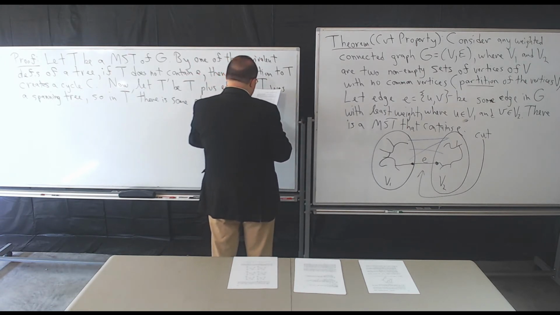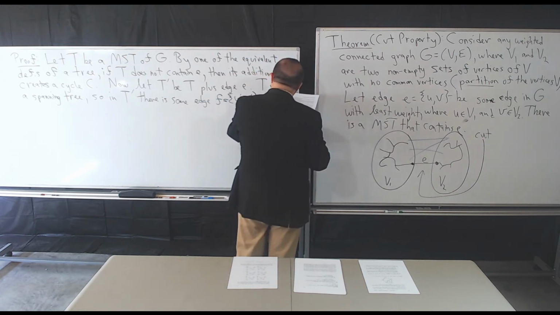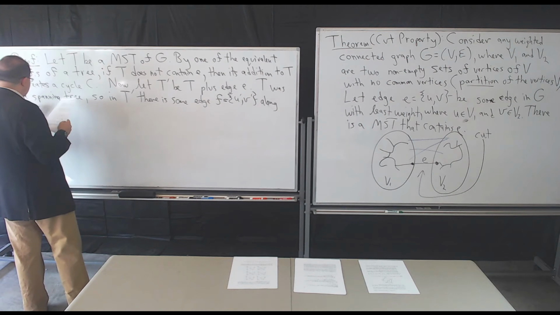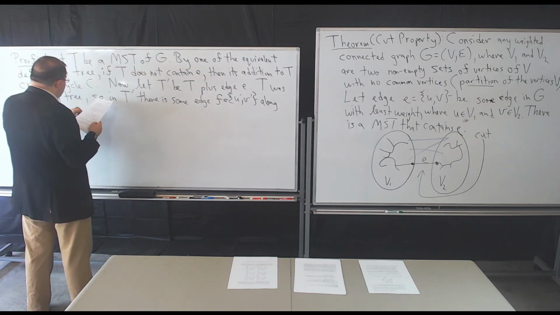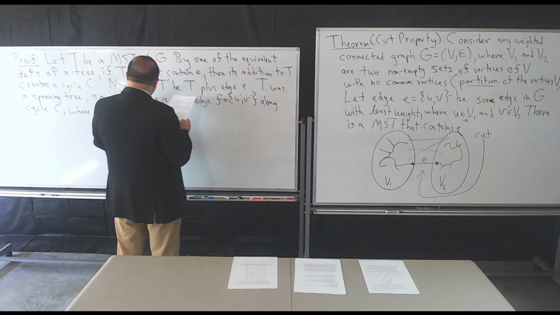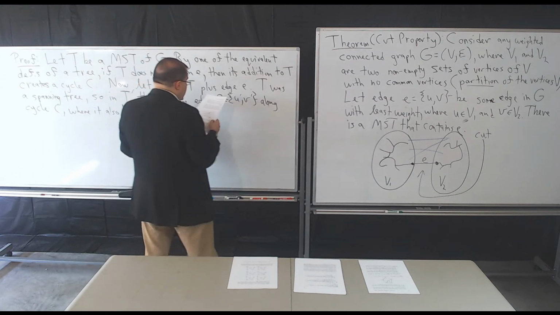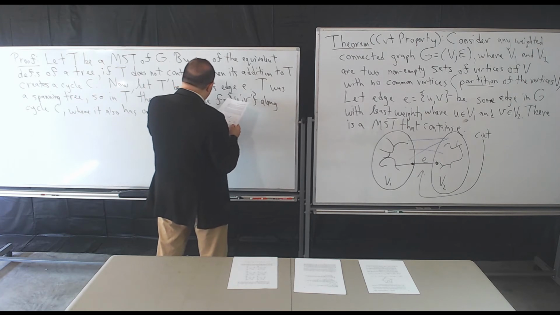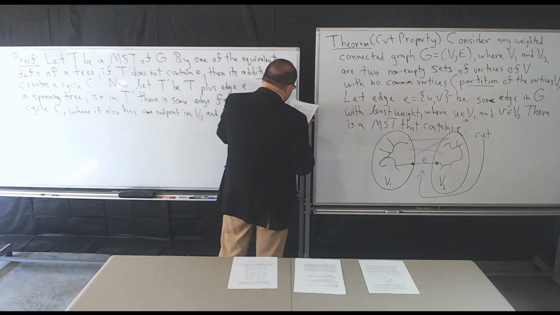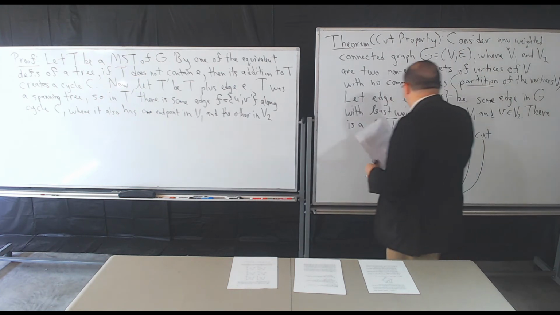There's some edge F equal to U prime, V prime, along cycle C, where it also has one endpoint in V1 and the other in V2. So F is one of these. This doesn't have to be the case for any graph, but F is, say, that one.